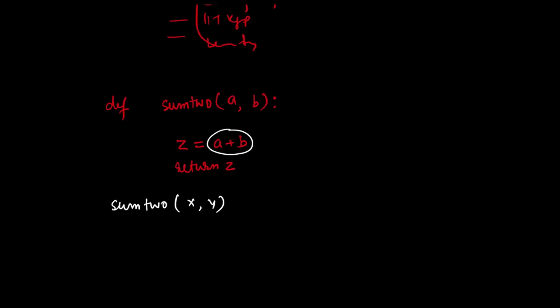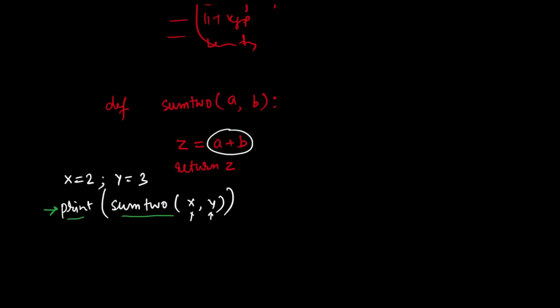I want to print this, so I'll use print also. The sum of these two will get printed, but before that I am supposed to give the values of x and y before calling it. So I am giving x is equal to 2 and y is equal to 3. Now I would like to tell you how it works.